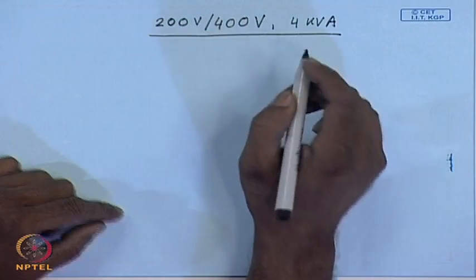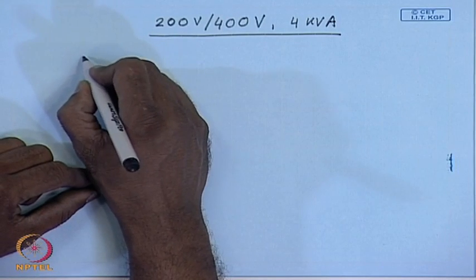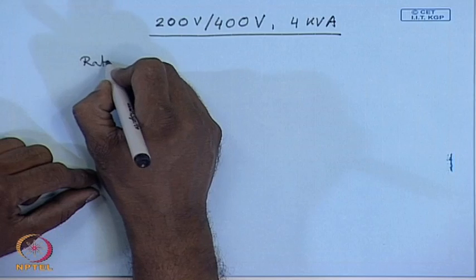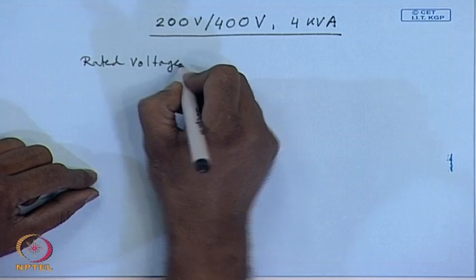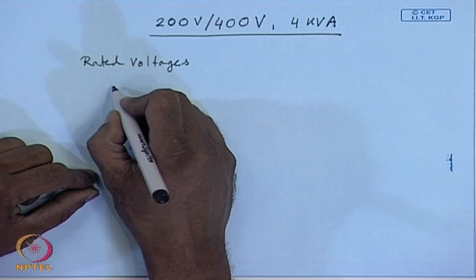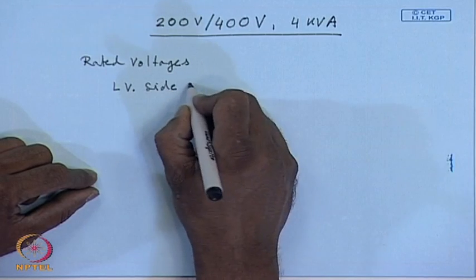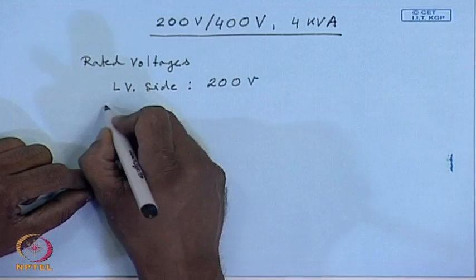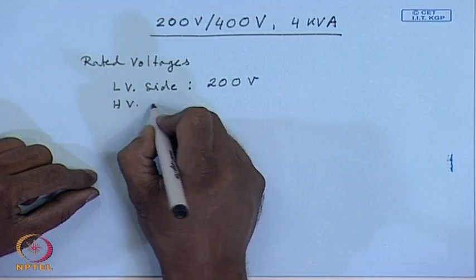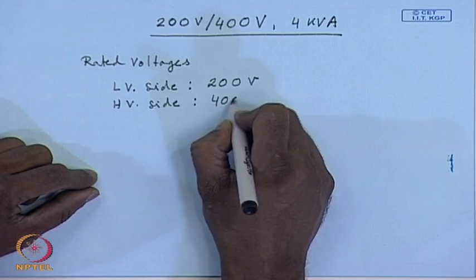For this transformer, the rated voltages are for the LV side 200 volts, for the HV side 400 volts.